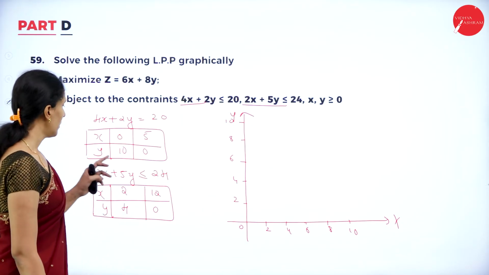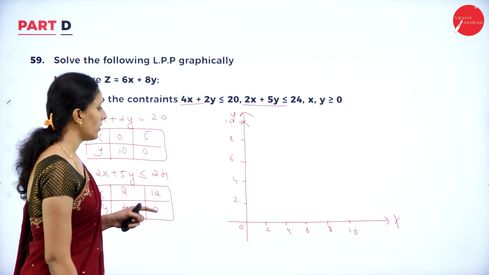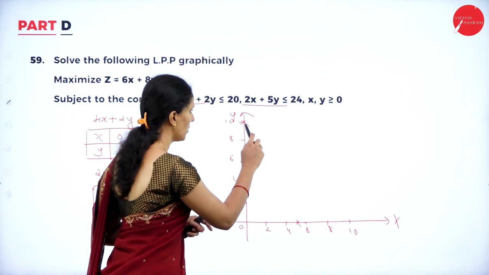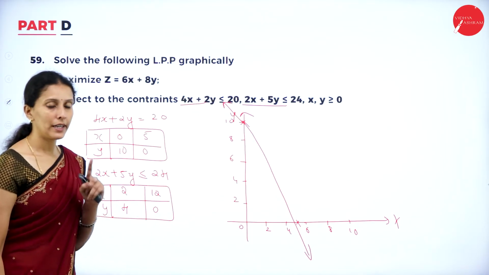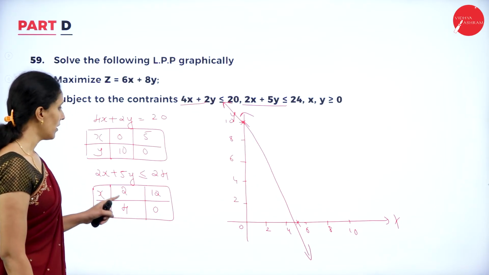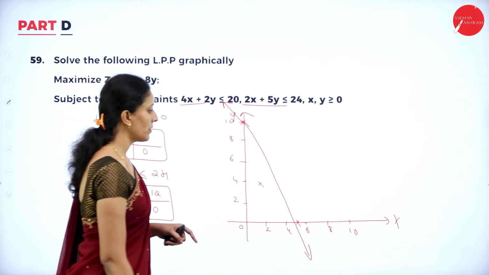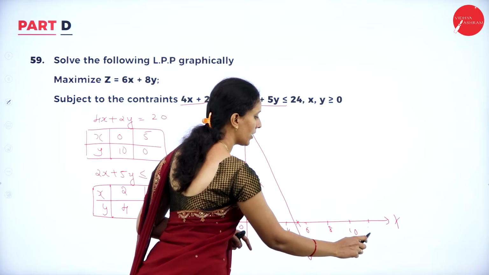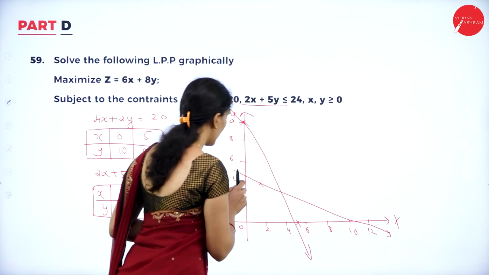So now we have, for the first one it is 0, 10 and the second one it is 5, 0. So this is the line. So for each particular line you will get 1 mark. Next we have 2, 4 and we have 12, 0. Somewhere here you can take 12. So when you join this, you will get the line.